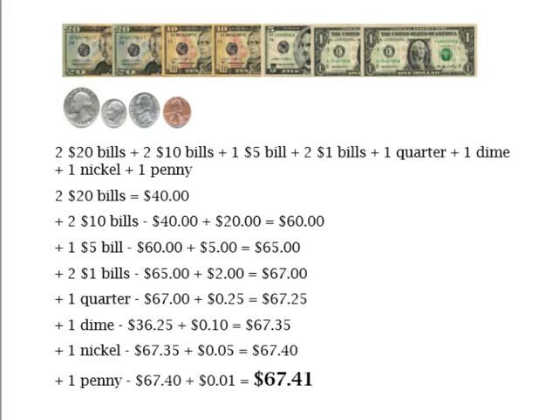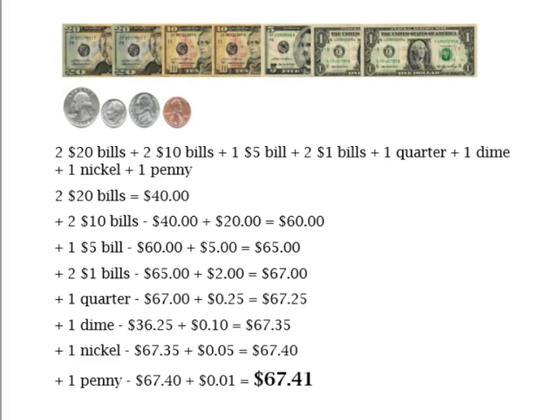When we add a quarter, our total is $67.25, plus 1 dime is equal to $67.35, plus 1 nickel, our total is $67.40, and when we add that last penny, our grand total is $67.41.